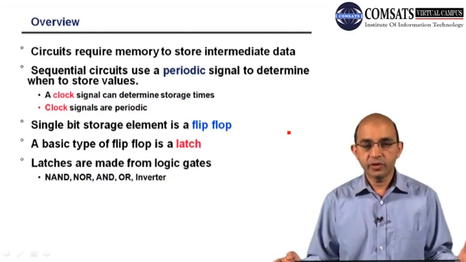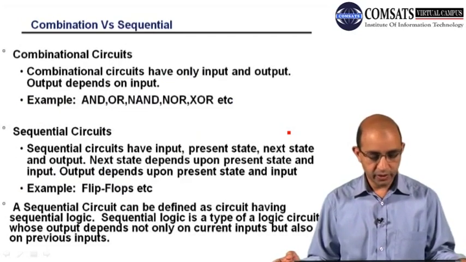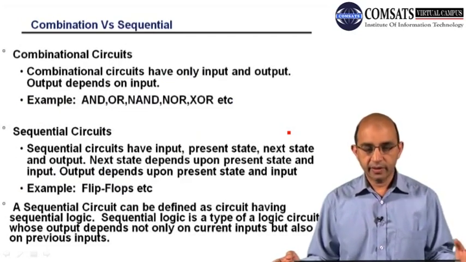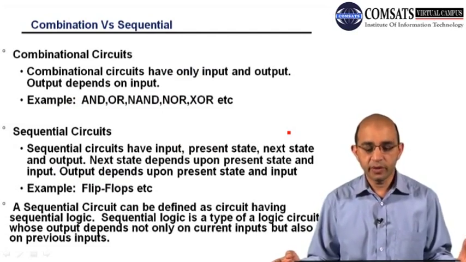And the latches are made from the same building blocks, the same logical units, which we use to construct combinational circuits, for example AND, NOT, NAND, NOR. So let's talk about the key differences between the combinational and the sequential circuits.